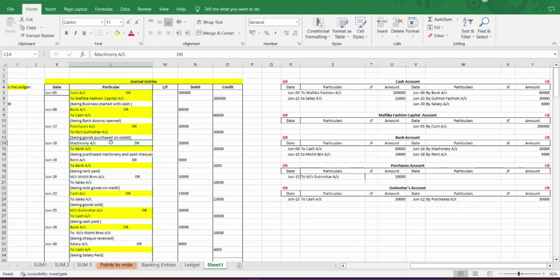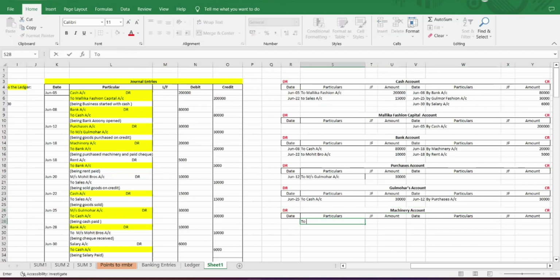Next account we have is machinery account. Same way, here machinery account is debited to bank account, dated June 18th for rupees 20,000.